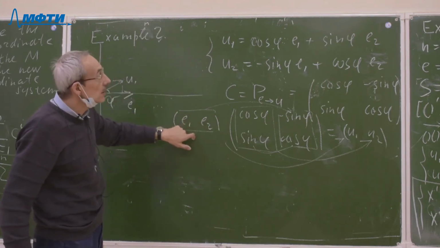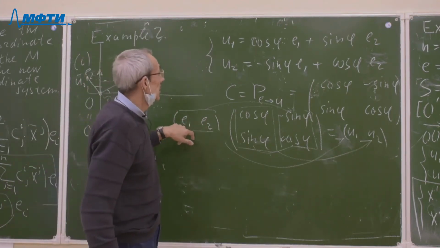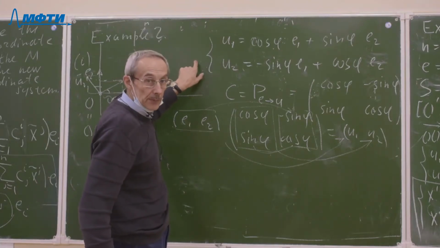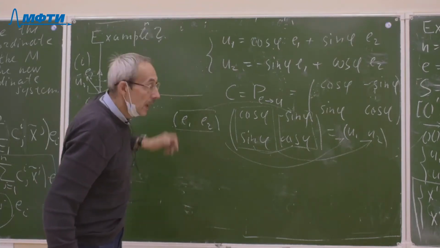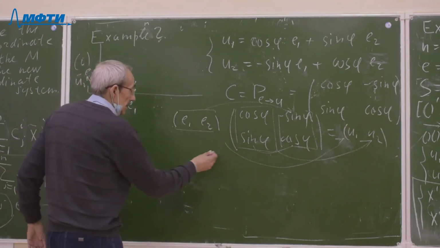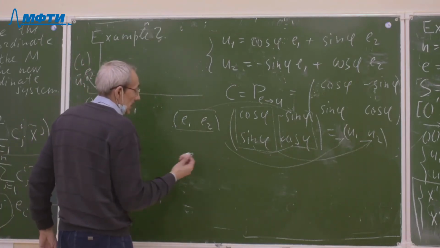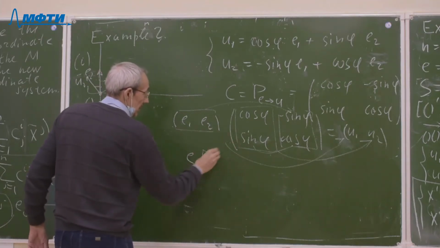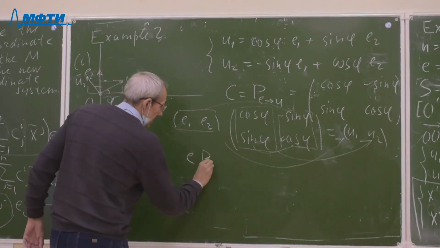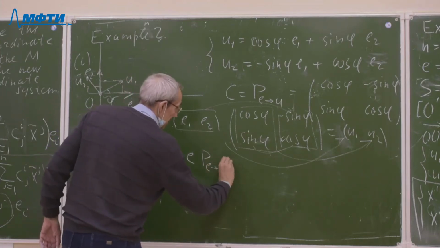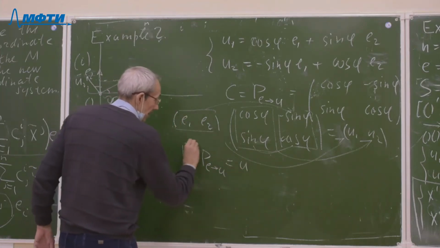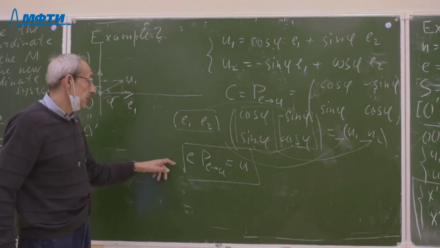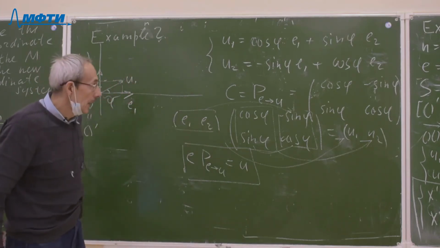And this matrix equality is equivalent to this system of linear equations. Do you understand? Yeah. And in the matrix form, we can rewrite this matrix relation in the following form. This is the shortest notation for this relation.